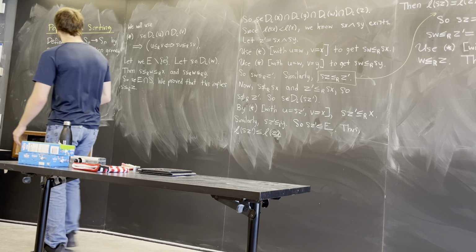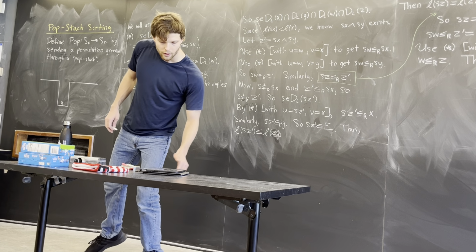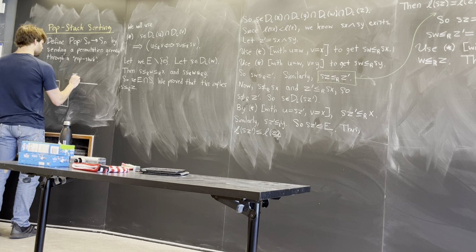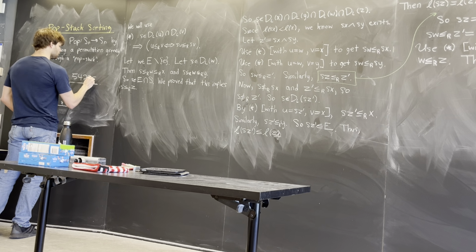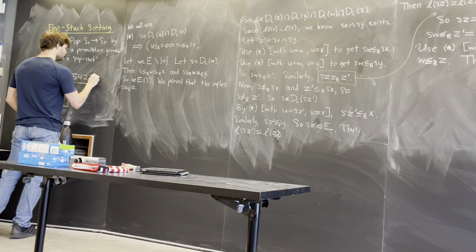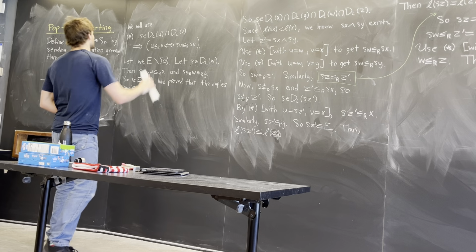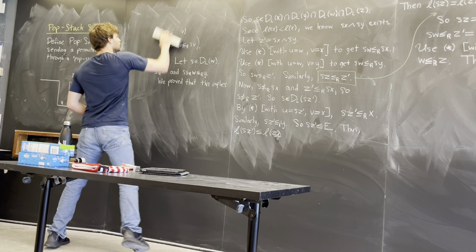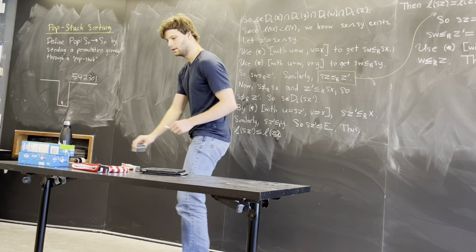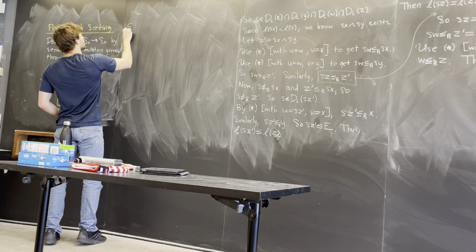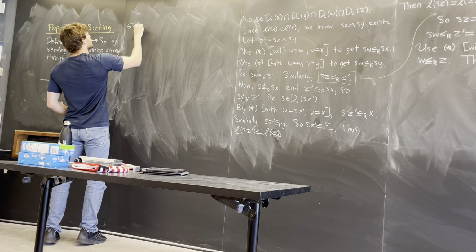So let's say we have, okay, what permutation do I have? 5, 4, 2, 3, 6, 1. Let me keep track of which permutation I'm starting with. So I have 5, 4, 2, 3, 6, 1.